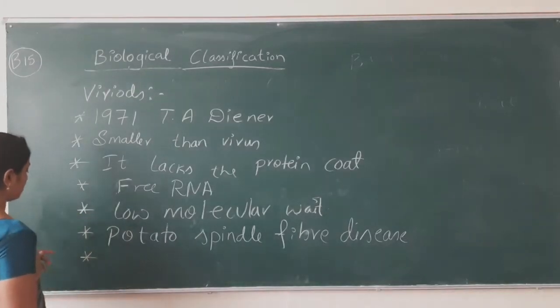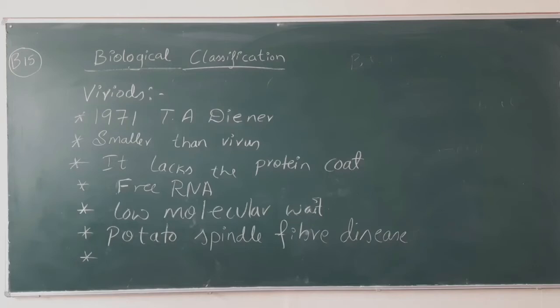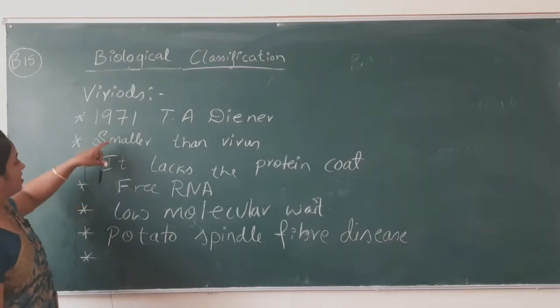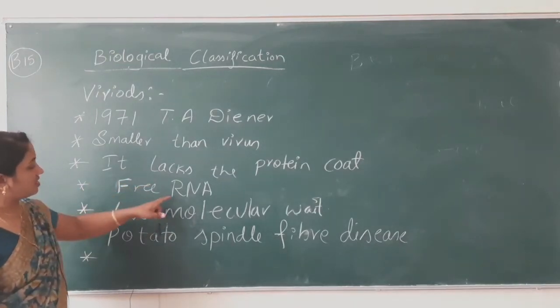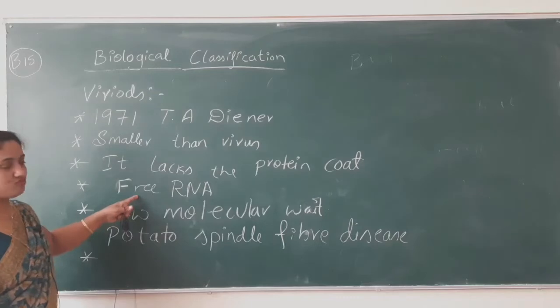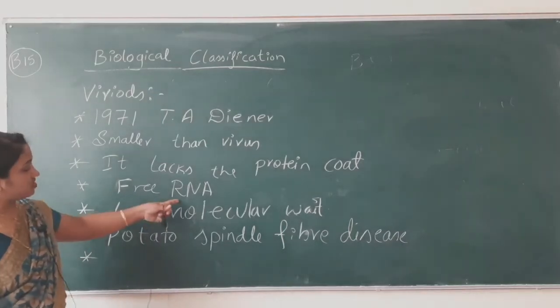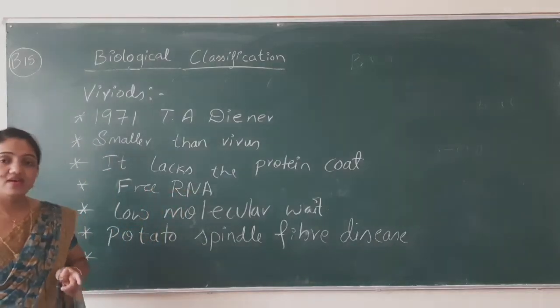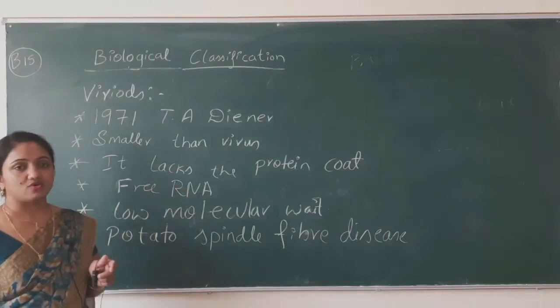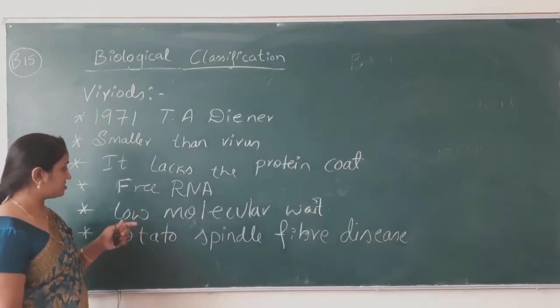Okay, so the next is, this is only smaller than virus as I told you, and it doesn't have any protein coat. It has only an RNA which will be freely moving. When it wants to infect the organism, the RNA itself enters inside the host cell, and there it causes diseases.